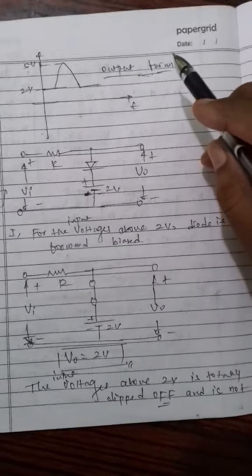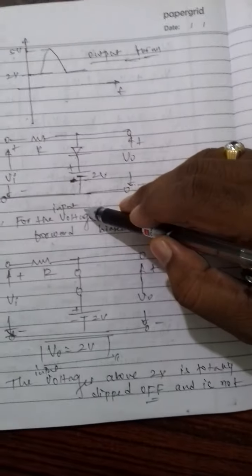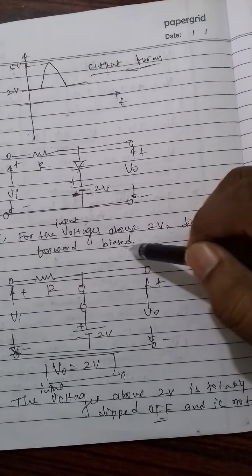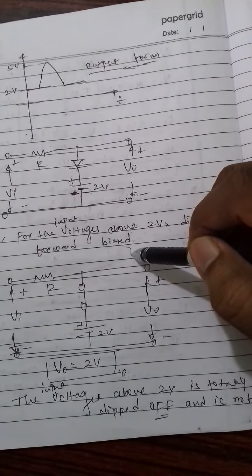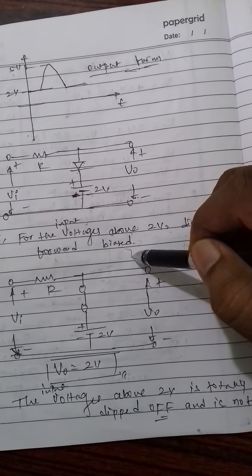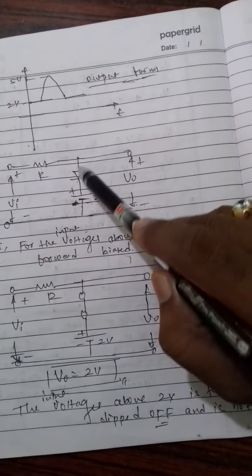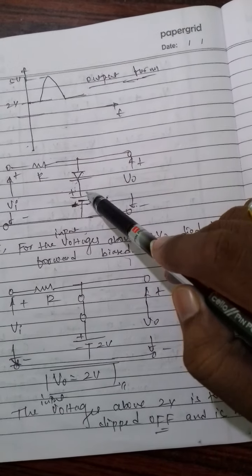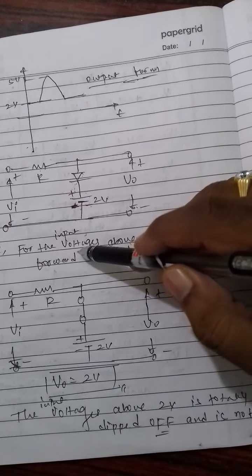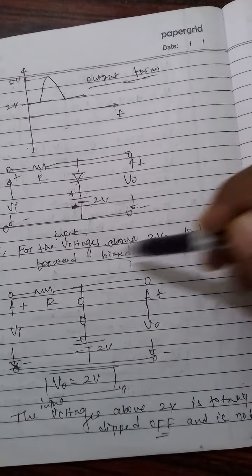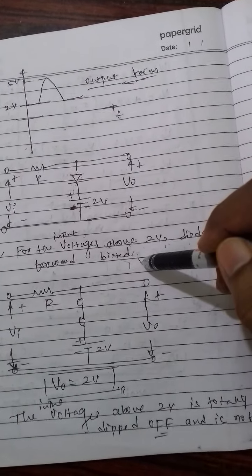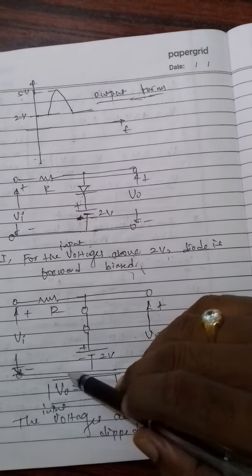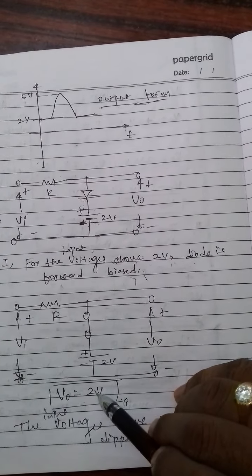The same analysis can be repeated here. For the input voltages above 2 volts, the diode is forward biased, because the voltage at the anode is more than the voltage at the cathode. And the output voltage is equal to 2 volts.